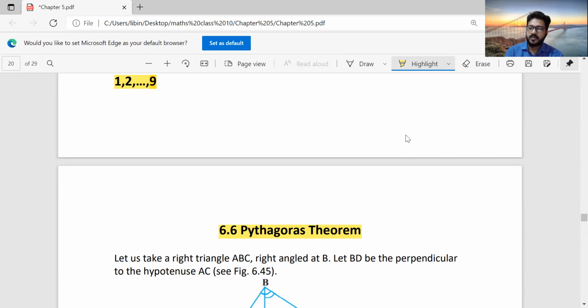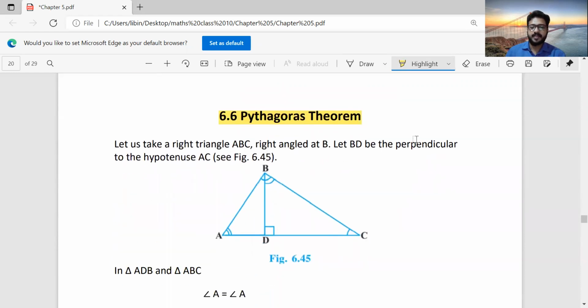So we are going to learn that. Remember one thing, the world famous Pythagoras theorem we are going to learn. So we are advancing in mathematics to the next level. Before going to prove this Pythagoras theorem, we need some results.